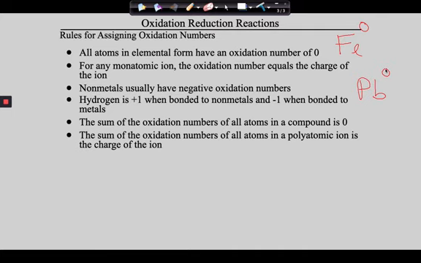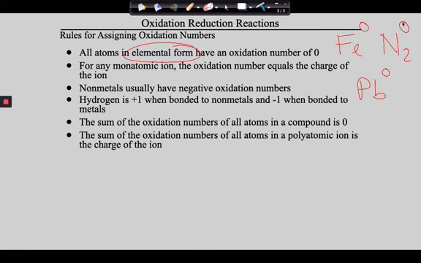Okay. This is where this becomes a little different. Nitrogen. Guys, remember, nitrogen you never find by itself. Nitrogen is diatomic, but this is the elemental form of nitrogen. It does not exist on its own, so this is also understood to have an oxidation number of 0 because it's in its elemental form.